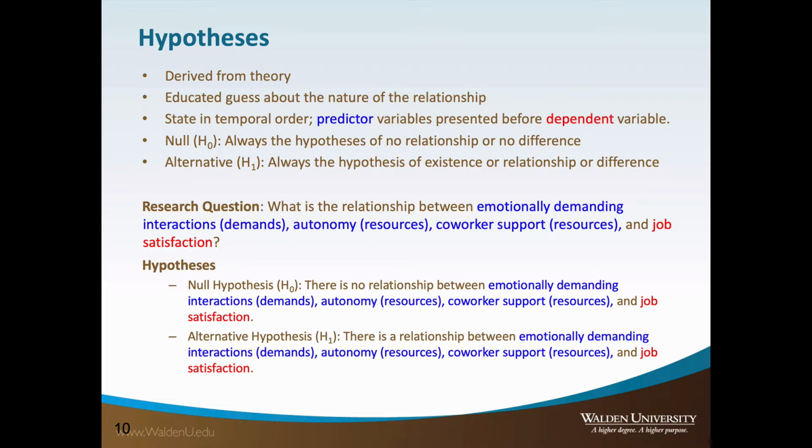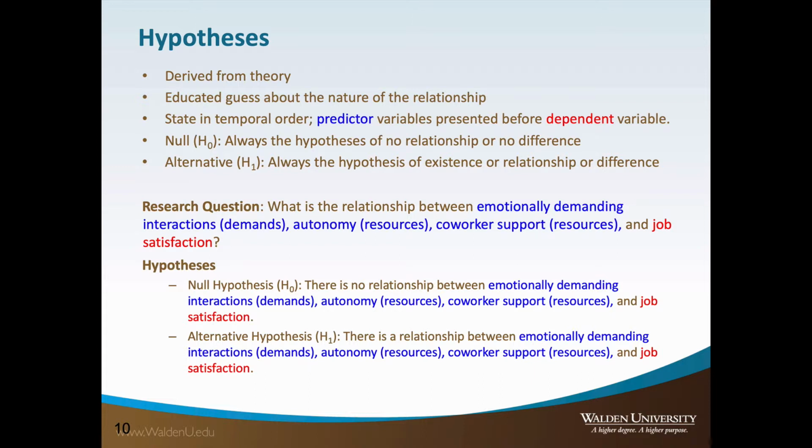As we examine the research question and hypotheses, we can see that the null hypothesis is always the hypothesis of no difference or no relationship. The research, in most instances, seeks to falsify the null hypothesis and find supporting evidence for the alternative hypothesis, which again is the hypothesis that the researcher will find the relationship if it truly exists in the population.